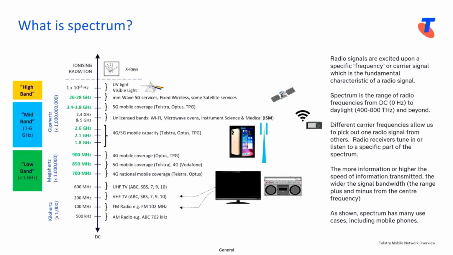Okay, it's good it's green. So 700 megahertz is the low band, right up to I think 26 gigahertz is a millimetre wave. We're using all that in our network.